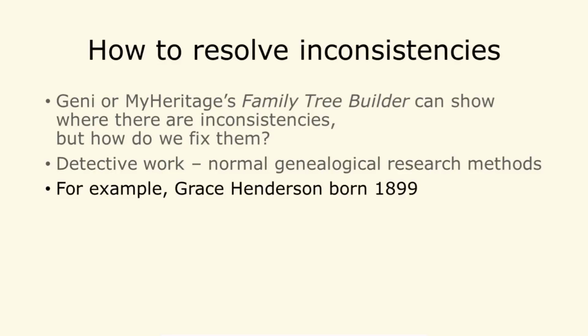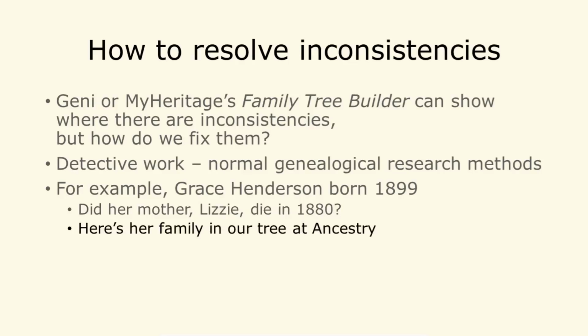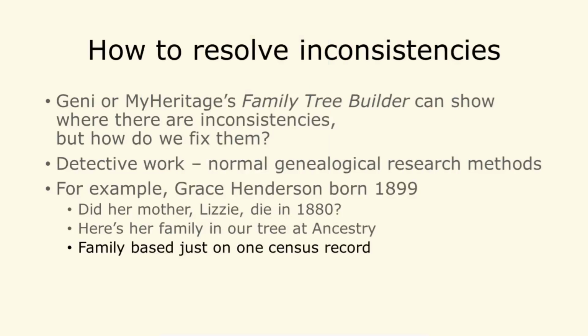For example, Grace Henderson, born in 1899, we saw the discrepancy notification for her, the second red warning there, and here's her family in the Clan Henderson Society tree at Ancestry. When you look at the details, you find that the whole family is based just on one census record.